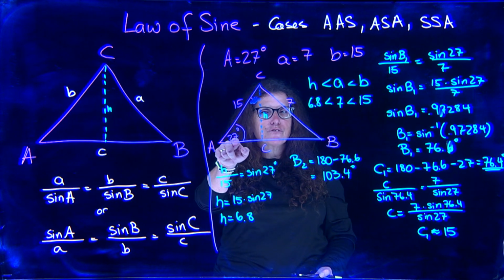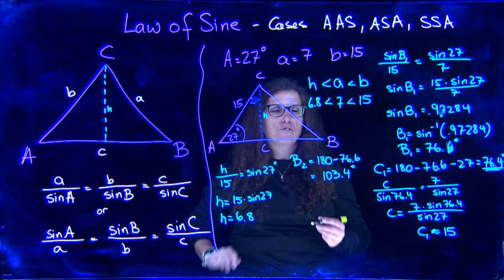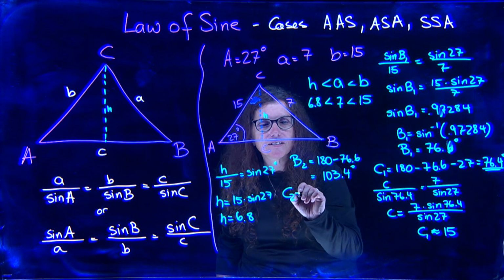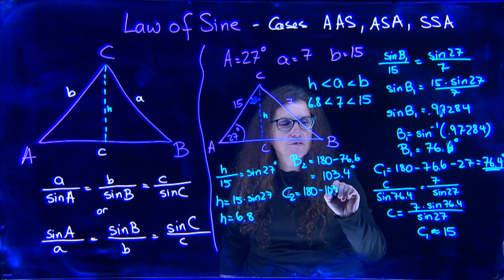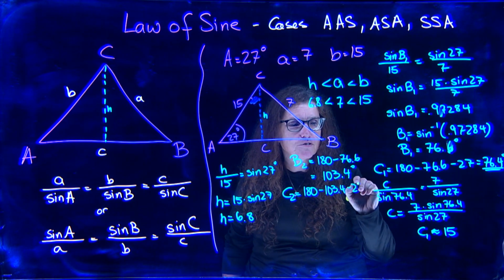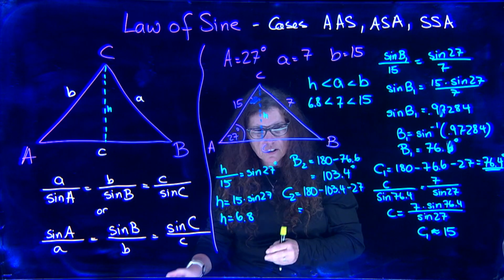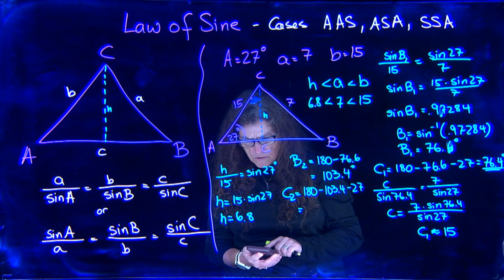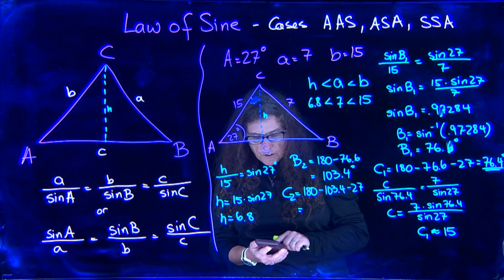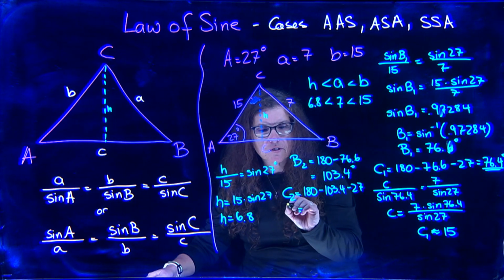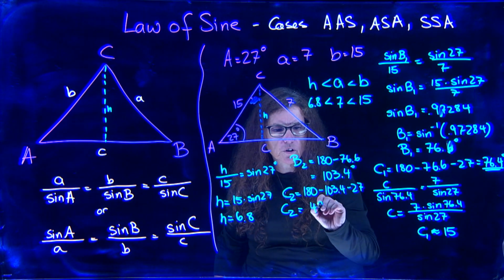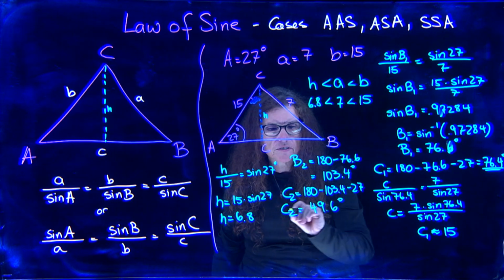We still have the 27 right here, which now if we find angle C2, it's 180 minus 103.4 minus 27, and that is equal to 49.6. So C2 is 49.6 degrees.